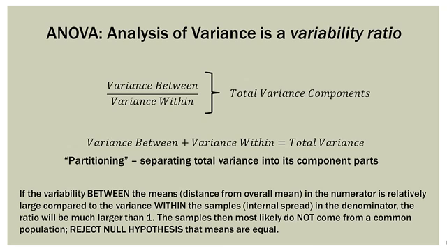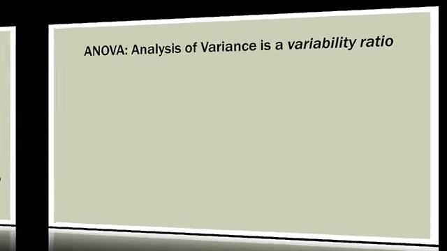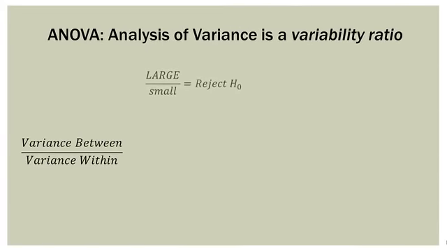If that's the case, we may have one oddball distribution out to the side, or all three of them may be so far apart that it would create a very high ratio, because the variance between would be much higher than the variance within. So what could this look like in our test in general? If the variance between is large relative to the variance within being small, we would reject the null hypothesis that says all the means are equal.